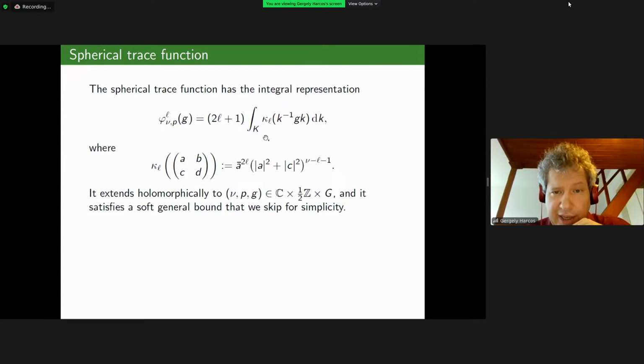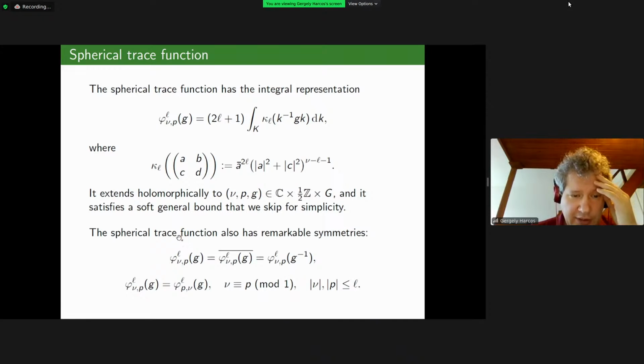But note that kappa_l, this simple-minded expression, has to be applied not on g, but on k^{-1}gk, and then you integrate over K, and then things become complicated. It turns out that this function extends holomorphically in the new variable, and it also satisfies a certain general bound that we skip here.